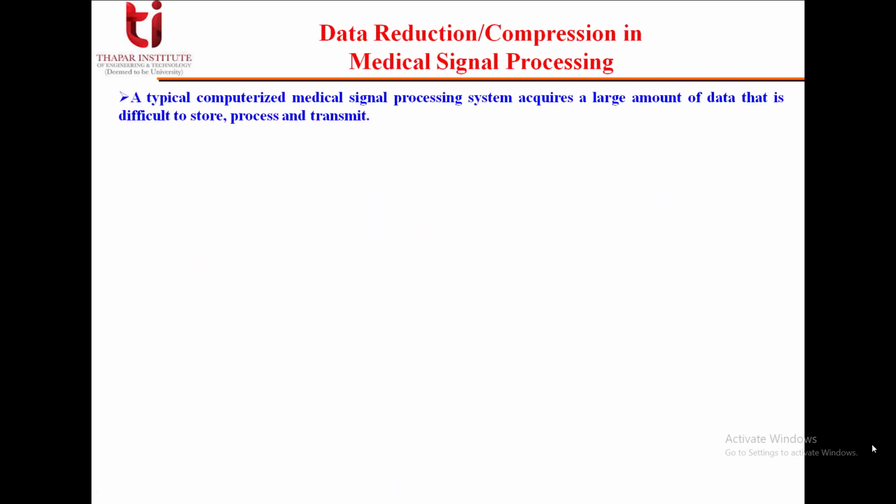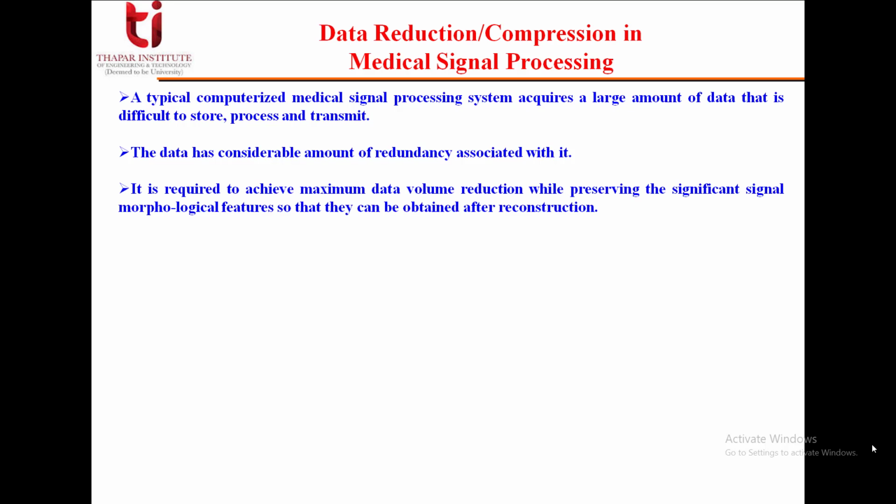A typical computerized medical signal processing system requires a large amount of data that is difficult to store, process, and transmit. The data has a considerable amount of redundancy associated with it. So it is required to achieve maximum data volume reduction while preserving the significant signal morphological features so that they can be obtained after reconstruction.